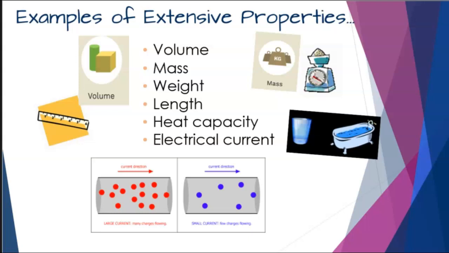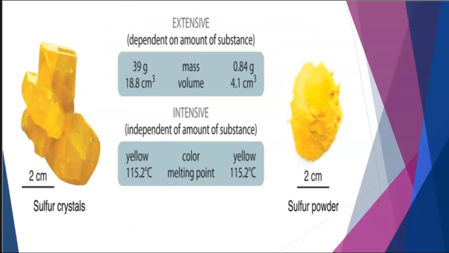So what I want to do is look at 2 pieces of sulfur first. Just very simple. And I want you to look at the data at the top. This is extensive data. Grams and volume. The sulfur crystals on the left are yellow. They have a melting point of 115, which are the data points from the bottom box.